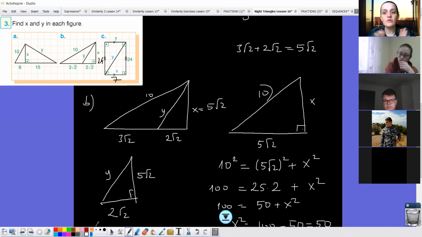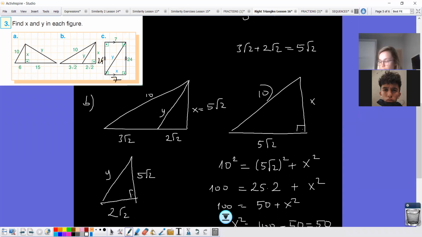So look, I started the lesson with the easiest part of the triangles. But if there is a problem, please ask me, tell me. Because I cannot see what you are doing, and if you're not talking, I cannot feel the problem. Where is the problem?